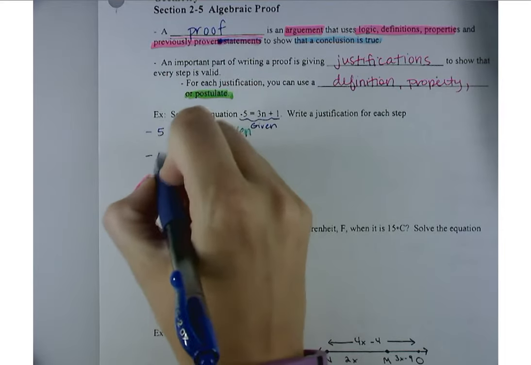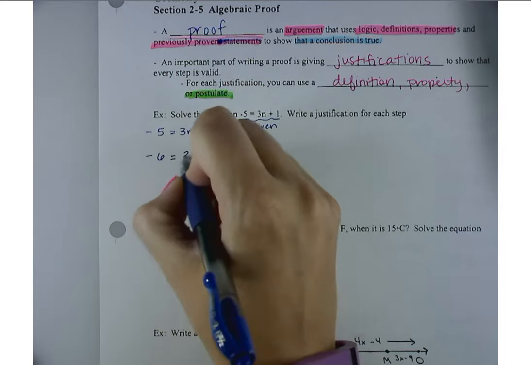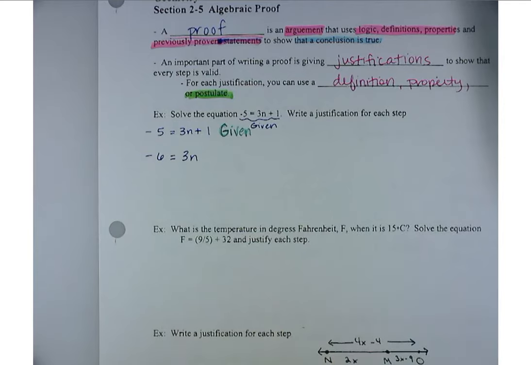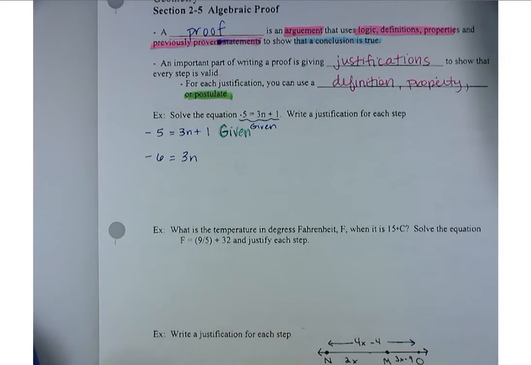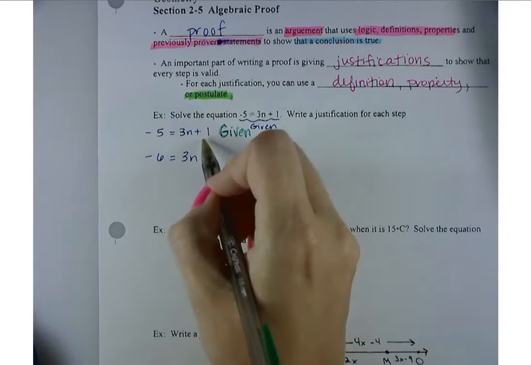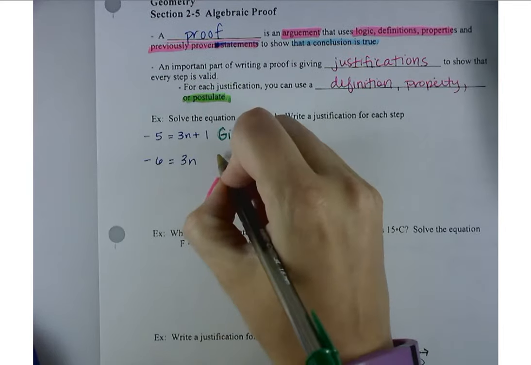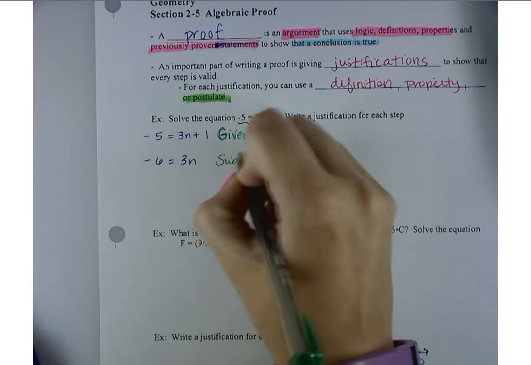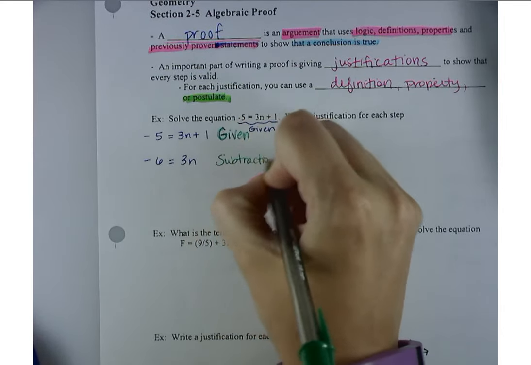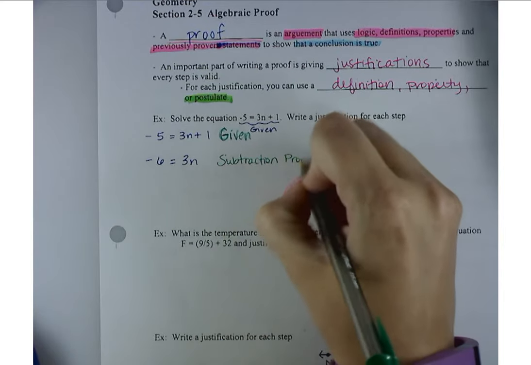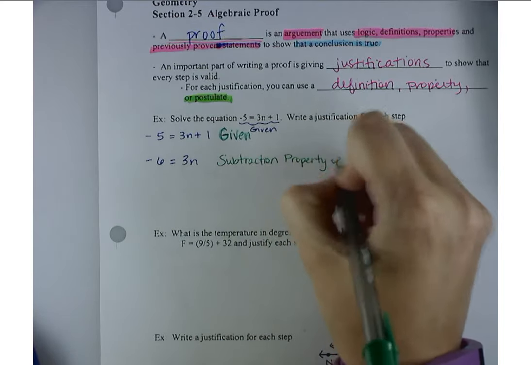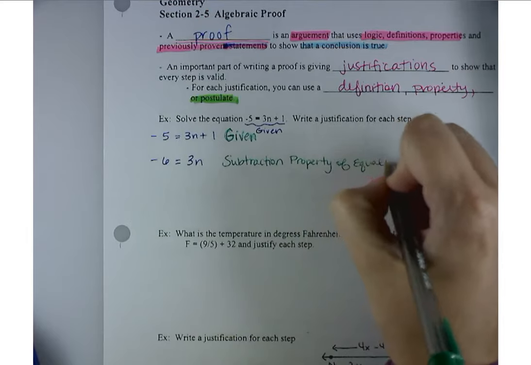Negative 6. And then this side would be 3n, correct? Yes. So what did Jared say that I used to move the 1 over? Subtraction. So this is going to be the subtraction property of equality.